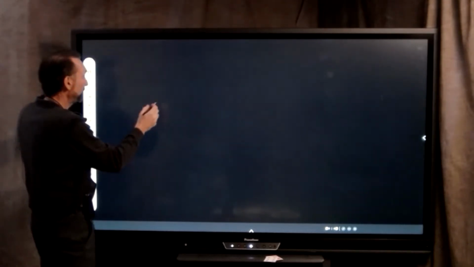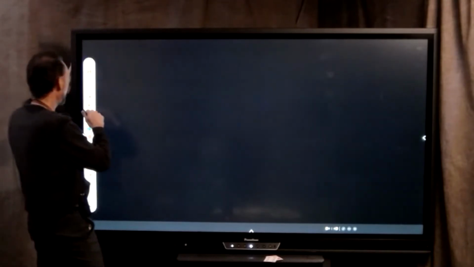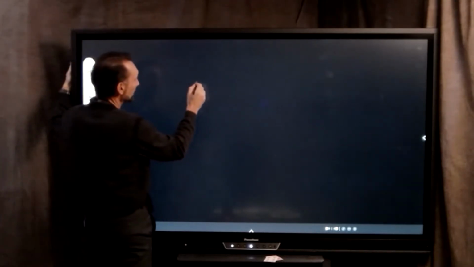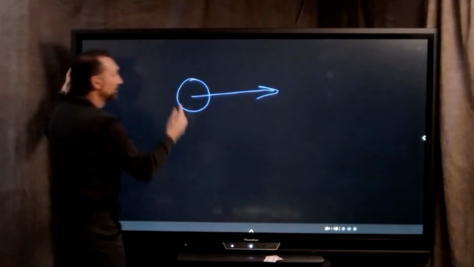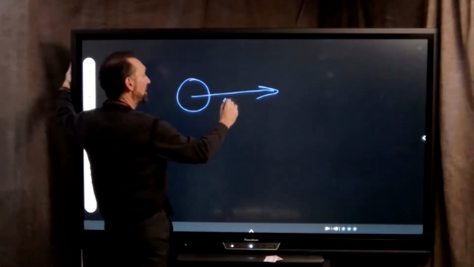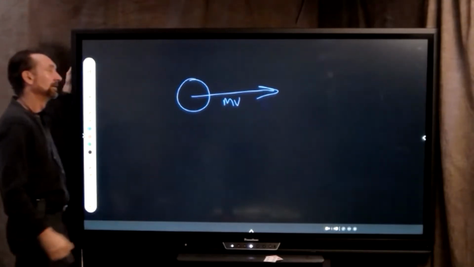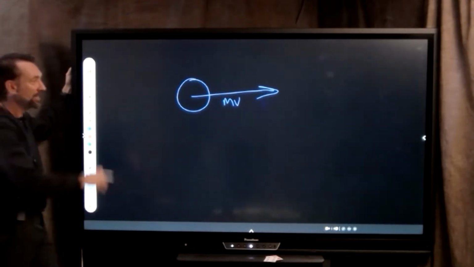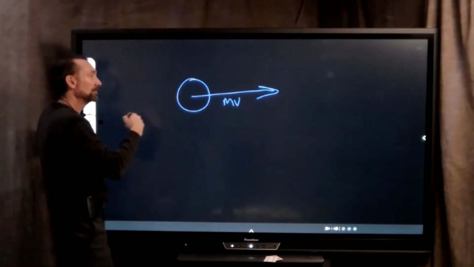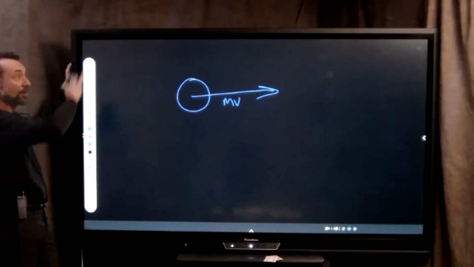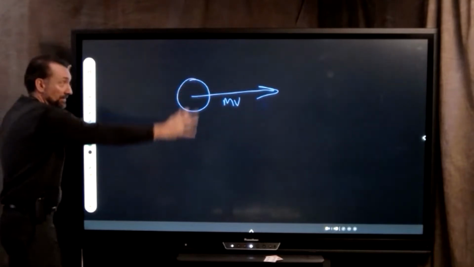So if you have a deterministic system, and that is a system for which I know all the forces, there's a ball moving through space with momentum mv. Now that can move through space as long as I know that momentum m times v and all the forces in the system.